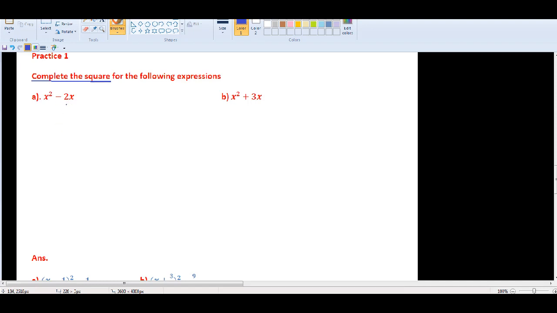It's already 2, but you still need to create that 2 times something. So the first step: x squared, 2 times what equals 2? 1. Even that 1 is important right here. Just try to follow our previous method to see if you can do the completing square, which is the most difficult part of algebra in year 10. I'm going to give you some time.